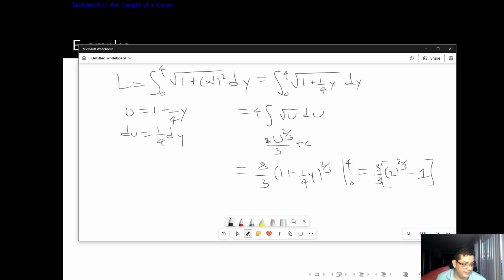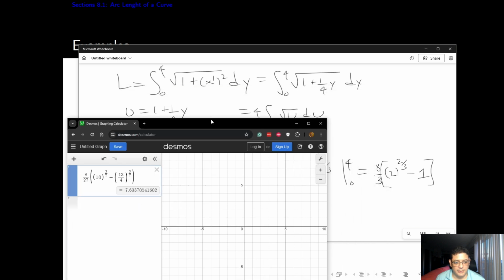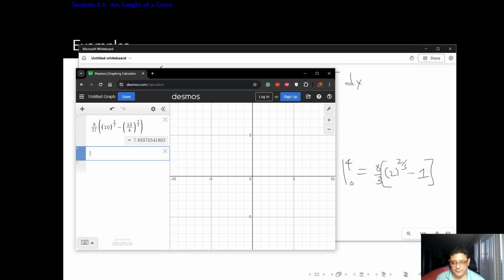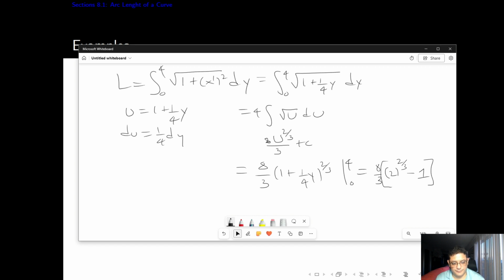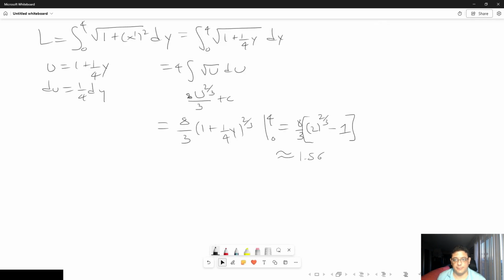Now we can see what happens numerically, just to find out what kind of number that is. So we get 1.56, and that will be the arc length for that specific function.